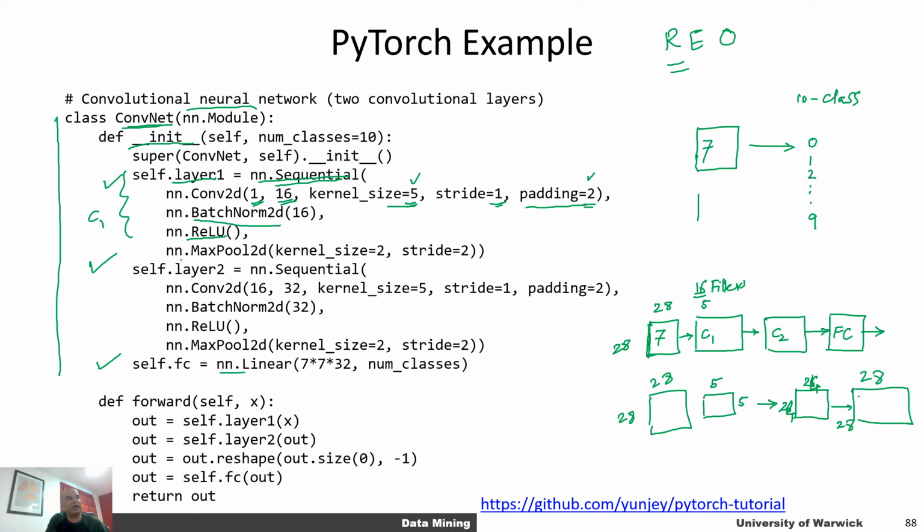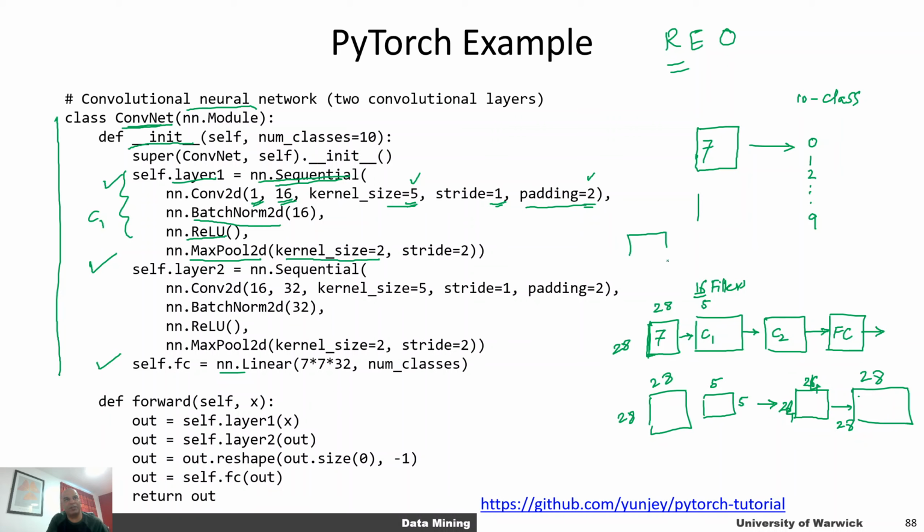And then we apply a max pooling that is going to be of size 2 by 2. Remember, we talked about max pooling. We can just go back and take a look at that image. Let's say you have an input image of size 4 by 4, and you apply a max pooling of 2 by 2 with a stride of 2.